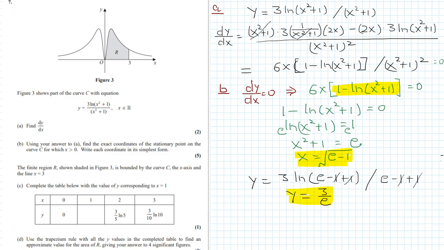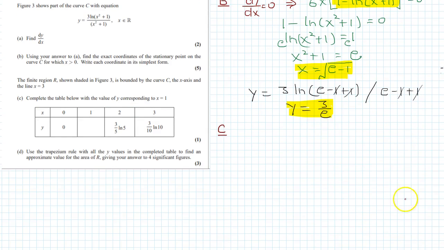Part C. The finite region R shown shaded in the figure is bound by the curve, the x-axis and x is equal to 3. Complete this table. So we are going to put x is equal to 1 here.